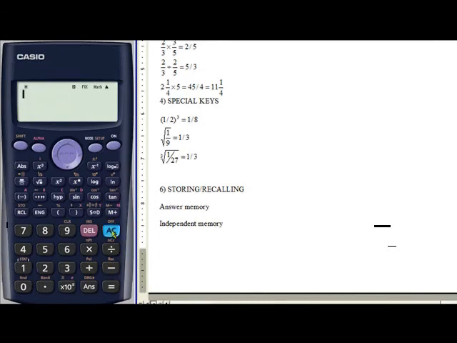Let's get rid of this. Now 5/3 is in M. If I want to recall it, recall M. And then here it is. And I can multiply it by 2, for example. And 10/3. So you can have different versions of the same idea.